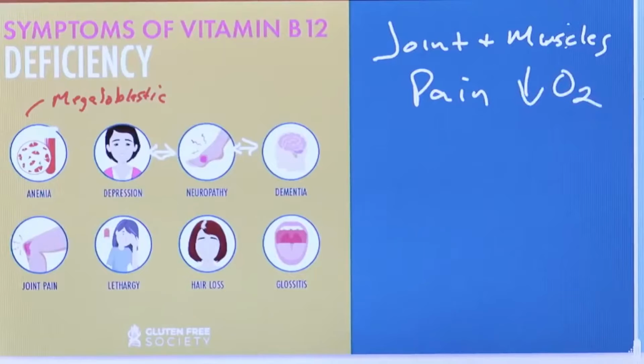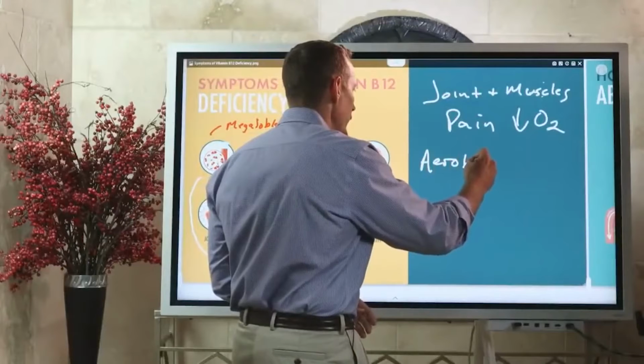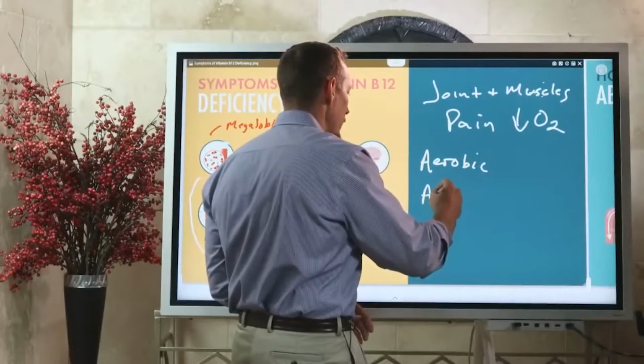They can't get adequate oxygen. One of the reasons this happens, it starts with the anemia. So the anemia itself creates the joint and muscle pain because of a lack of oxygen. Remember what happens when your muscles don't get adequate oxygen. If you guys have ever worked out in the gym, you've heard anybody talk about aerobic exercise versus anaerobic.